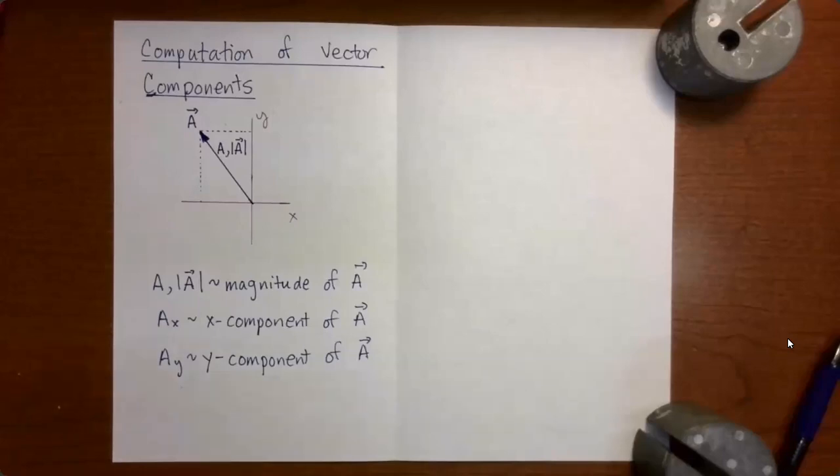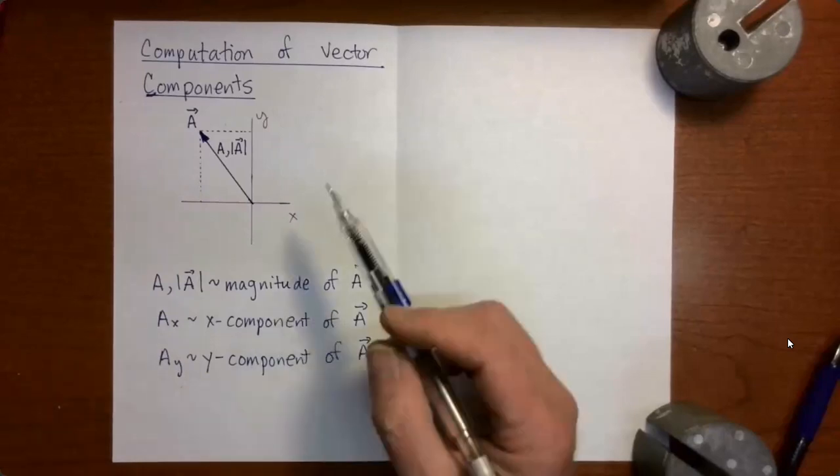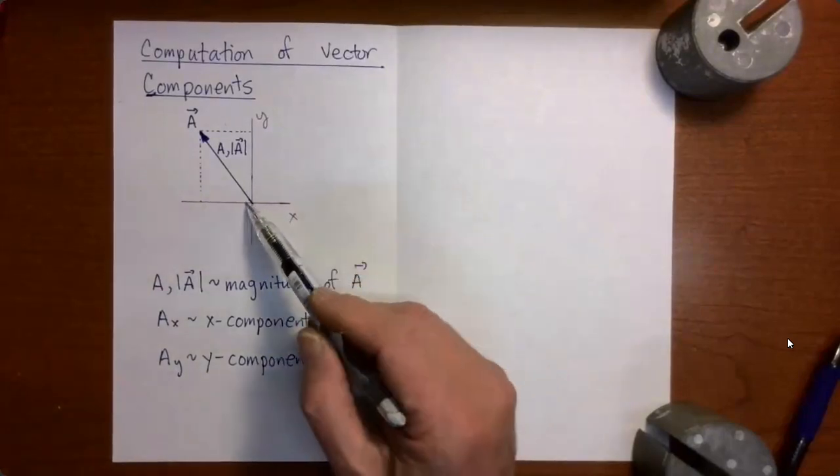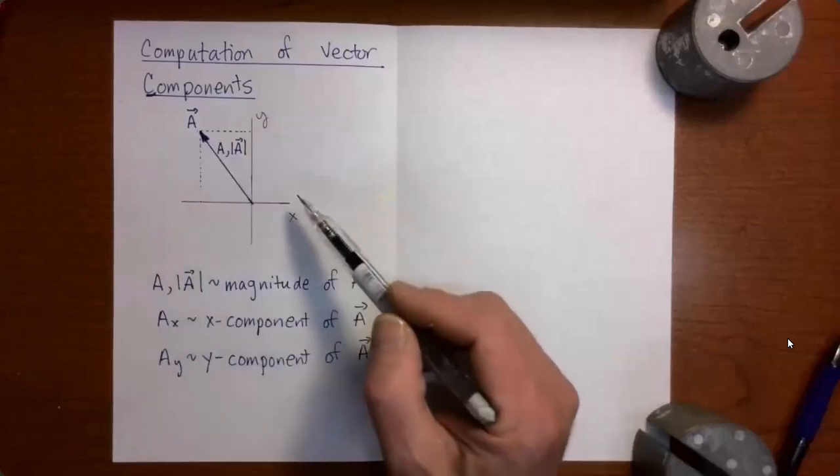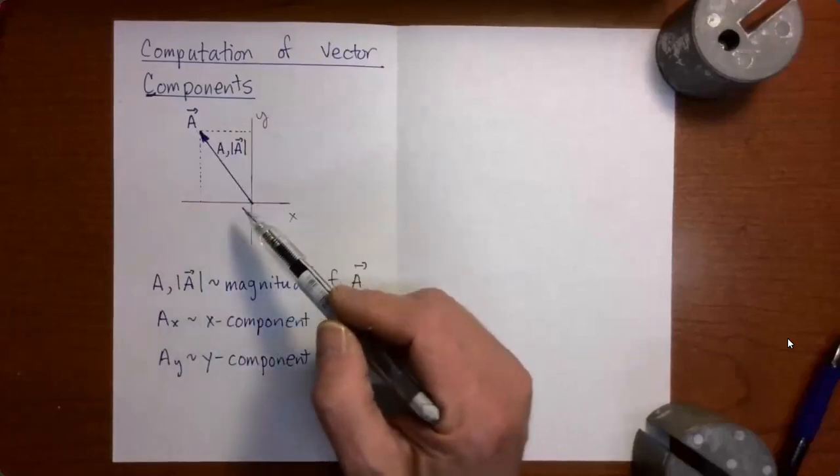If we use a displacement vector to represent a person walking 4 miles to the north, then 4 miles is the magnitude.